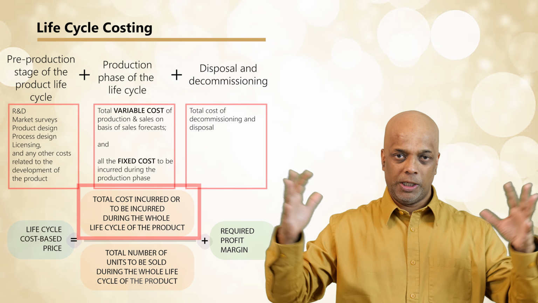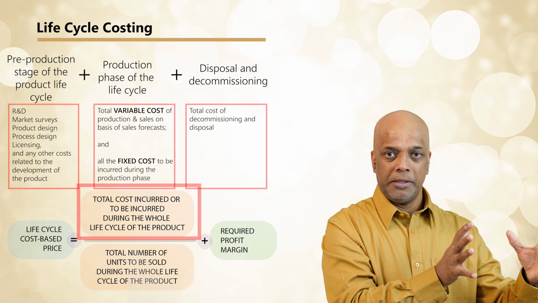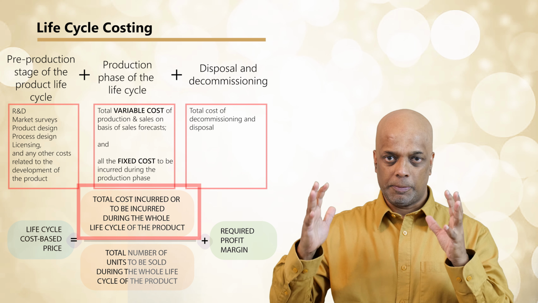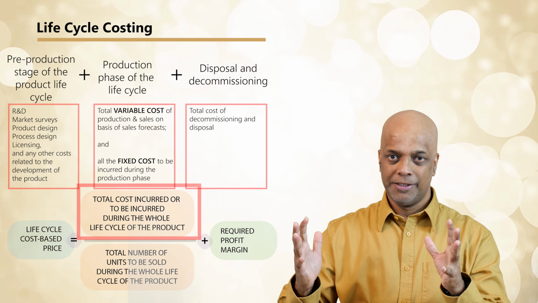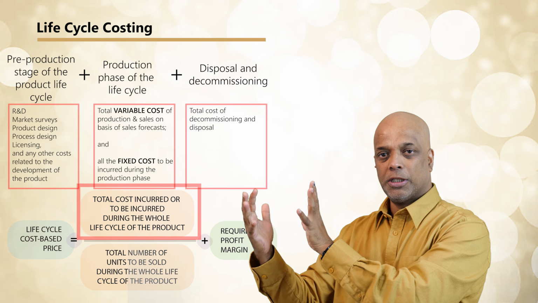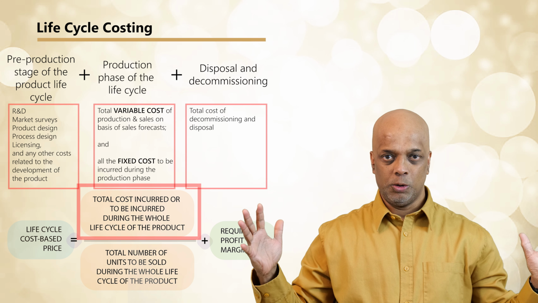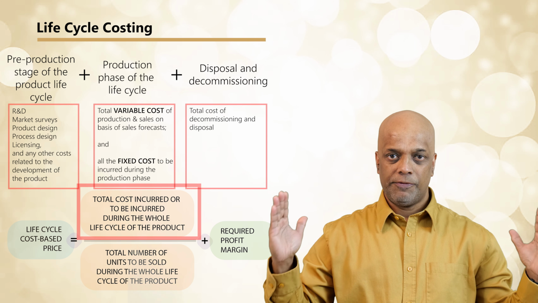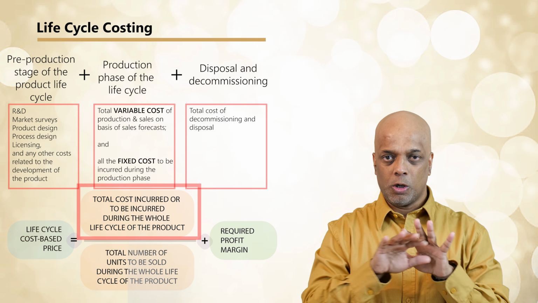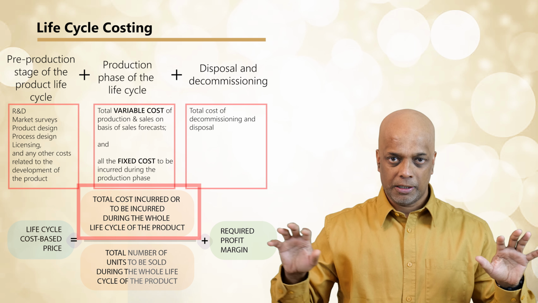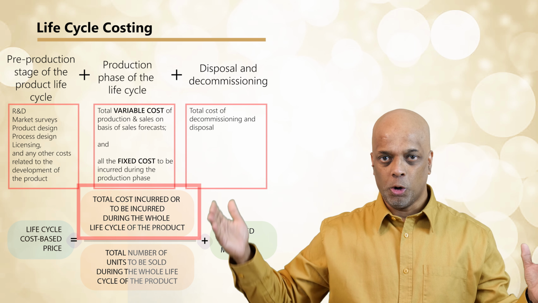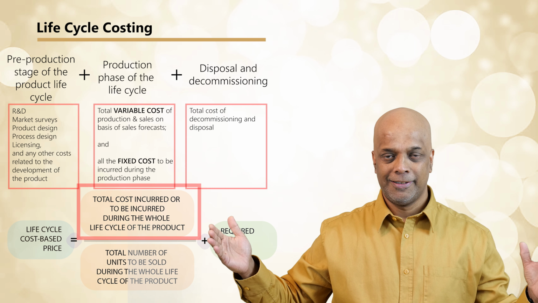You have to put them all together: the pre-production stage cost, the total operational cost of the production stage, and then the decommissioning or disposal cost. Put them all together, and you have the total lifespan cost of this particular product, the total cost to be incurred from pre-production to post-production stage.